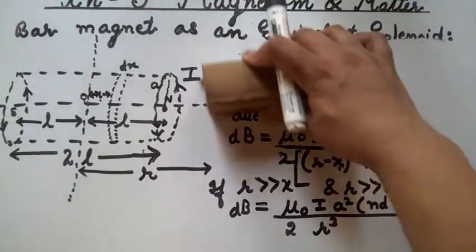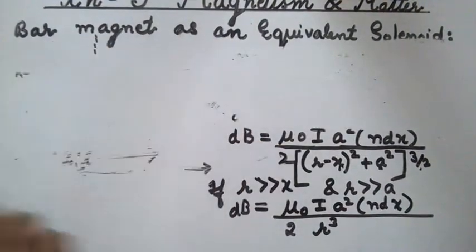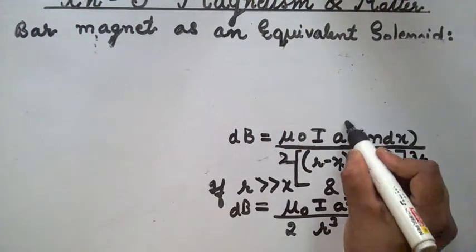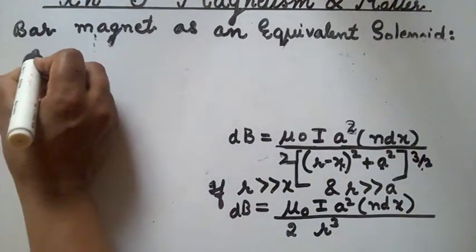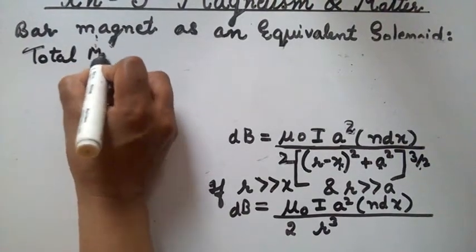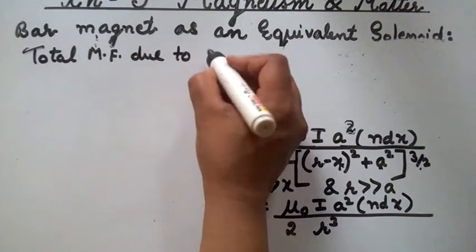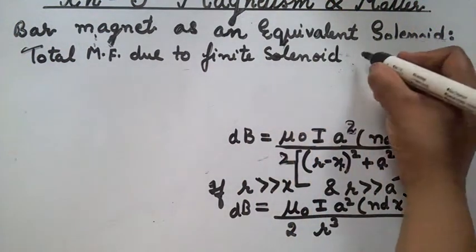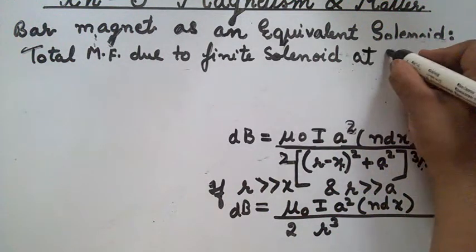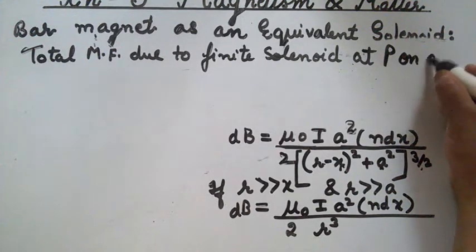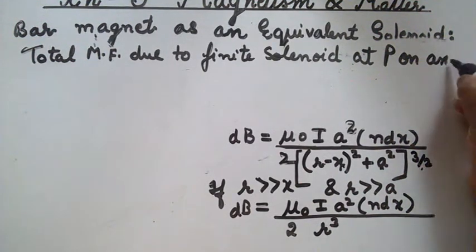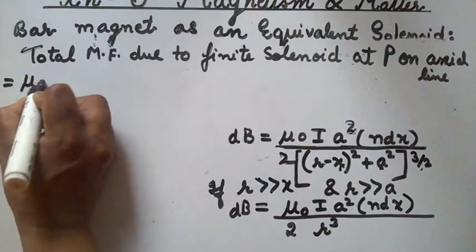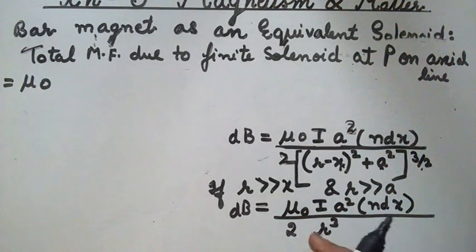Therefore, the total magnetic field due to the finite solenoid at P on the axial line is equal to mu naught n I a square upon 2r cube.